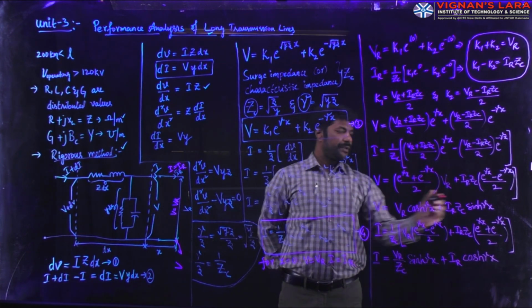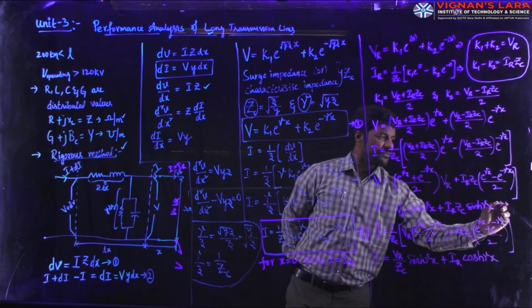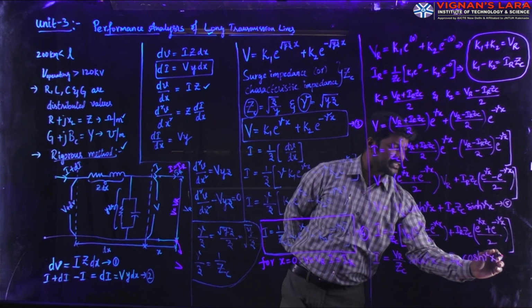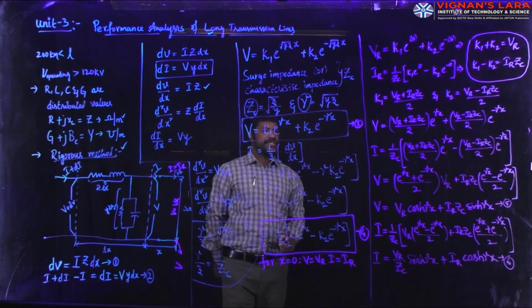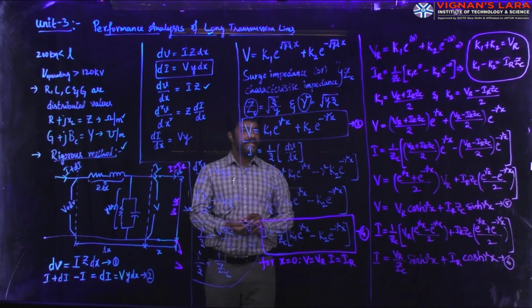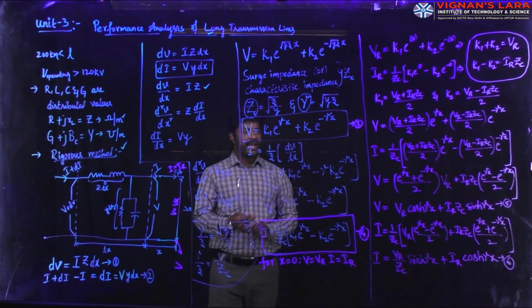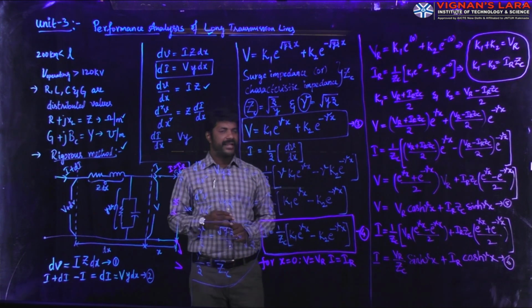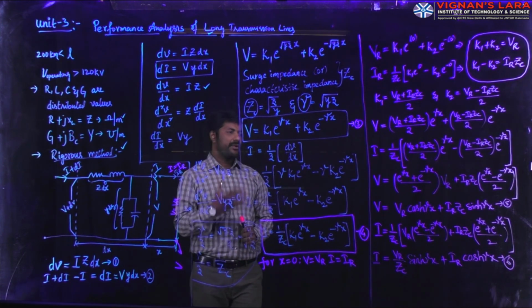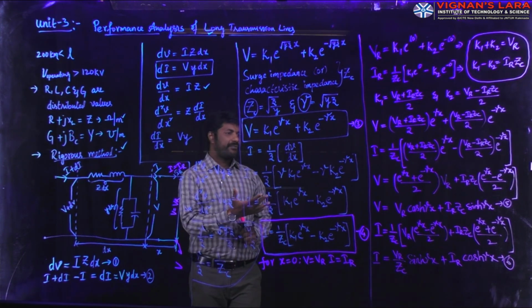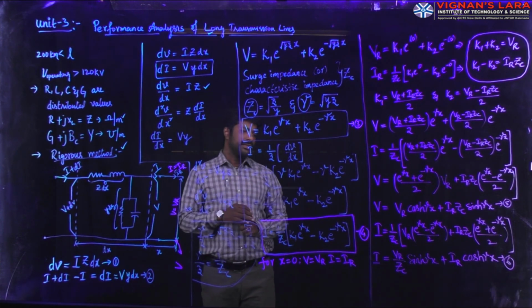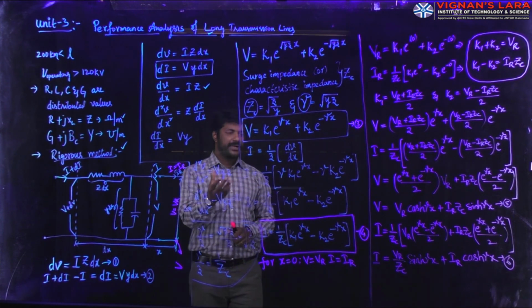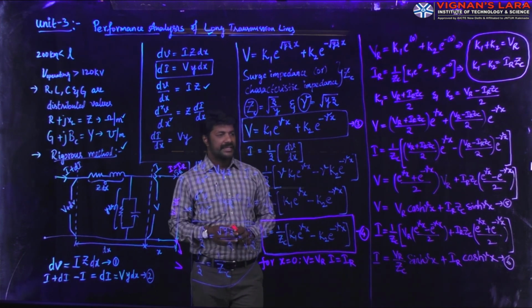Let these equations be equation 5 and equation 6. So 5 and 6 are the equations of voltage and current in terms of x and in terms of the receiving end quantities of a transmission line, VR and IR, defined with its propagation constant gamma and also with the characteristic impedance or surge impedance of the transmission line as ZC.